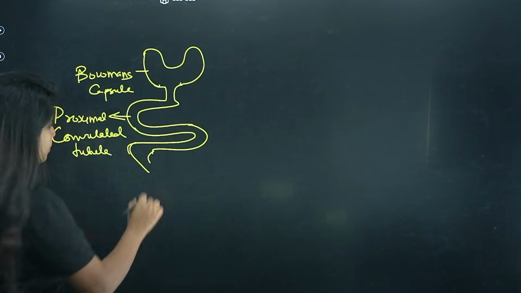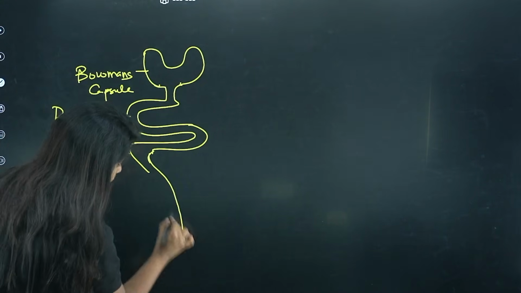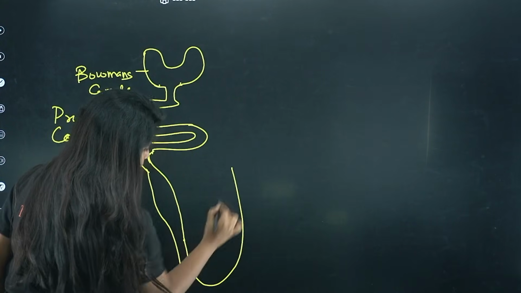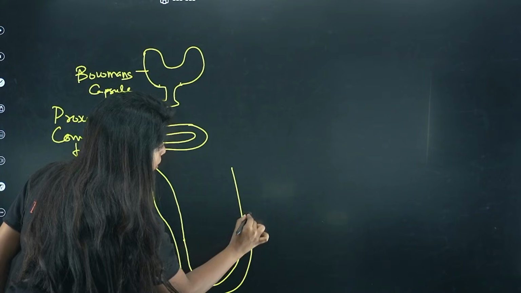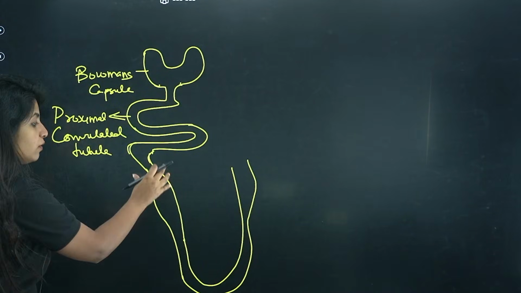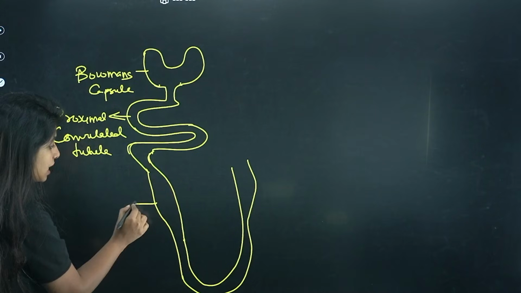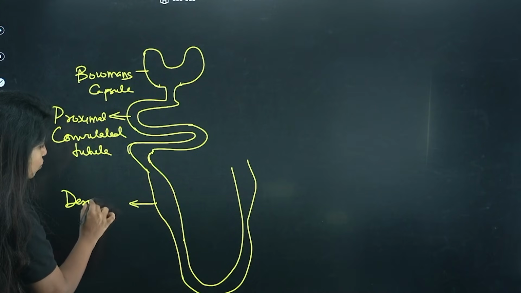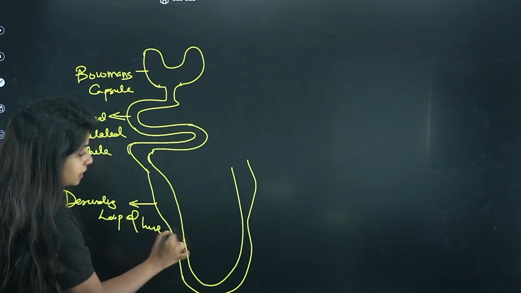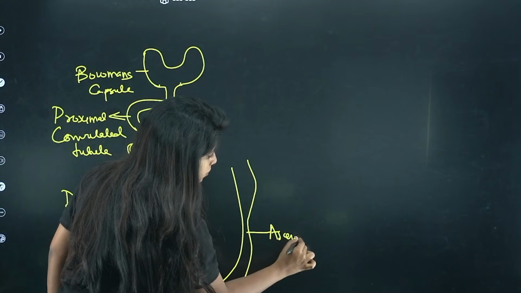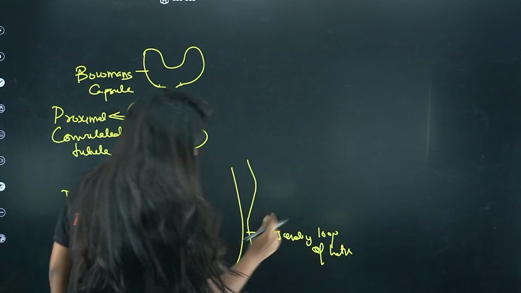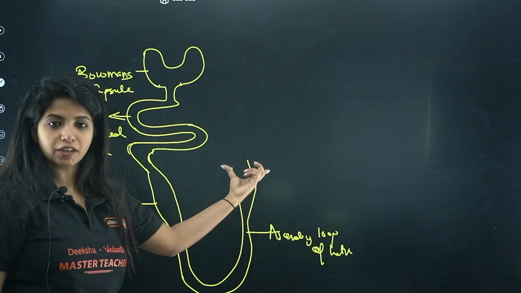Now what happens? Basically, there is something like this being found. This is your loop of Henle. Loop of Henle will be large over here and get small over there. This side of the loop is known as the descending loop of Henle, and this side would be known as the ascending loop of Henle, which is tiny first and then grows big.